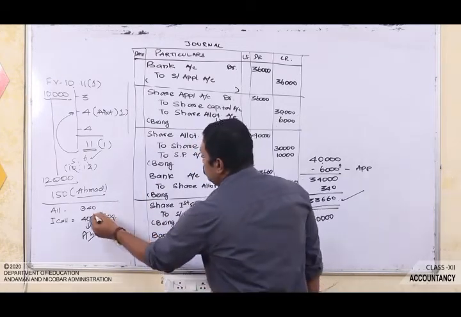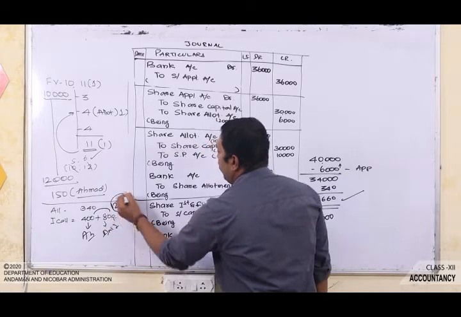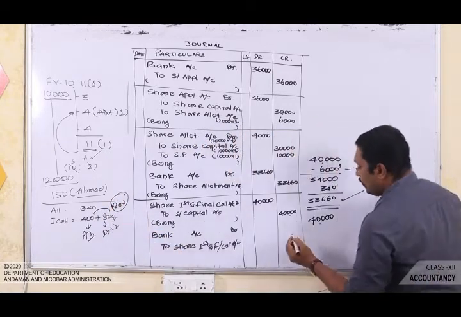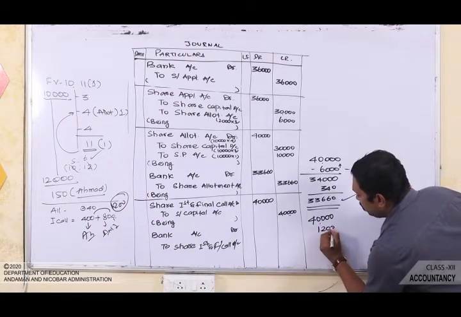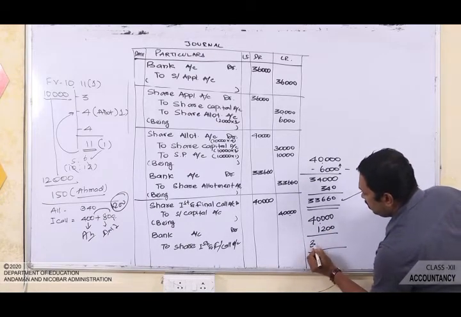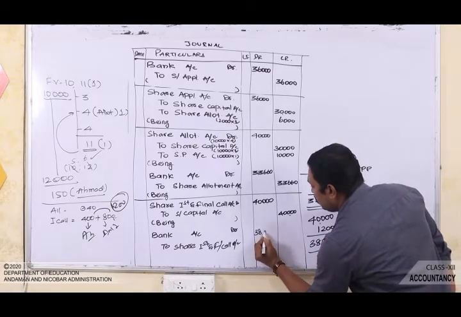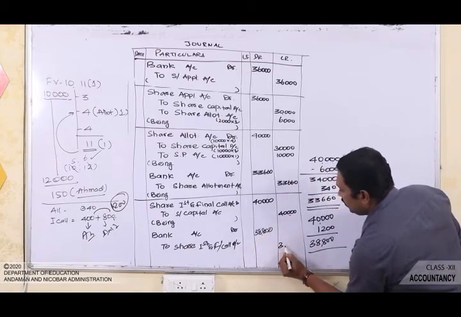Total 1,200 is arrear in the first call. So deduct 1,200 from this. So 38,800 only we received. We might receive only 38,800.